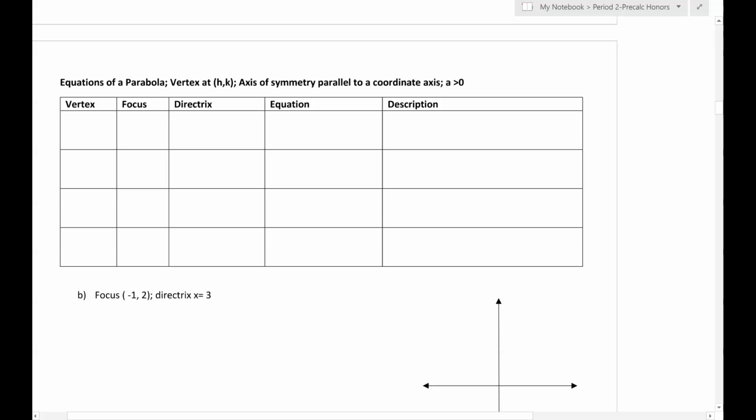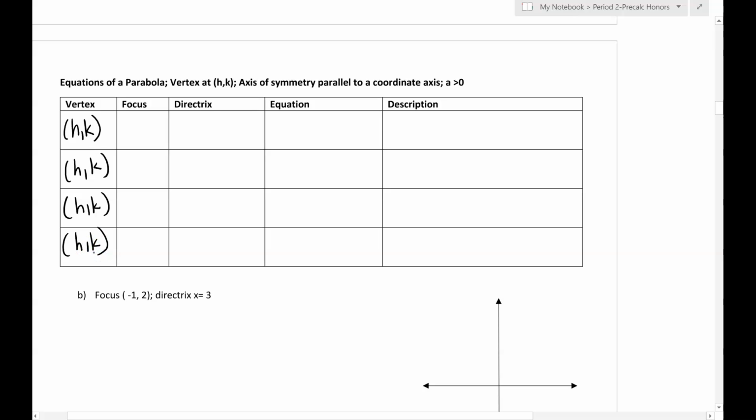Equations of parabola. The vertex at h, k and axis of symmetry parallel to a coordinate axis when a is bigger than 0. So that means when a is positive, okay? So all of these forms right here, we will always use h, k as a vertex.